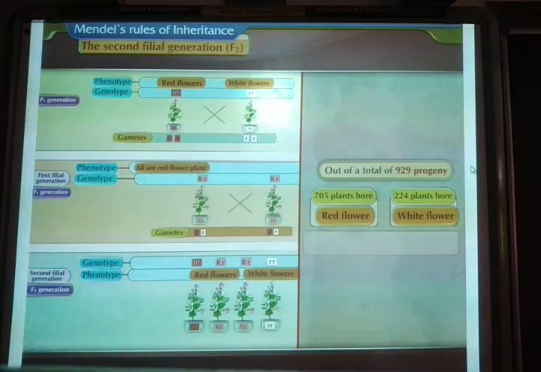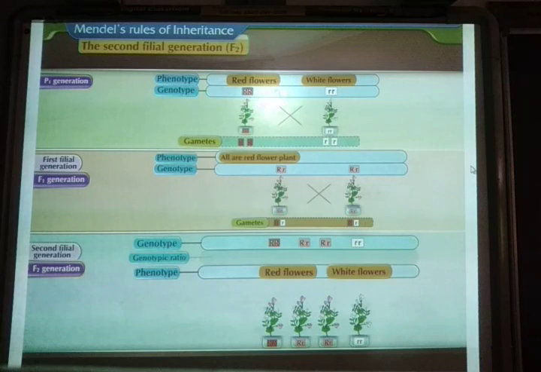If we calculate the ratio of the same, it is approximately 3 parts red is to 1 part white, or simply 3 is to 1. When we calculate the genotypic ratio, it is 1 capital R capital R is to 2 capital R small r is to 1 small r small r.